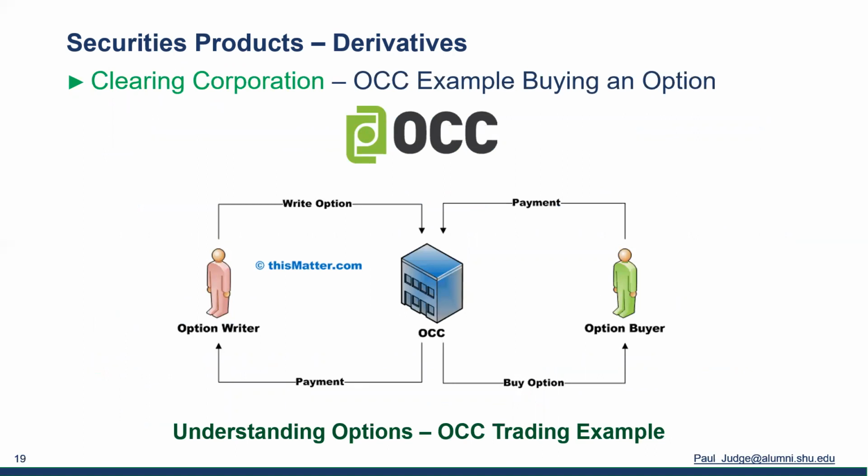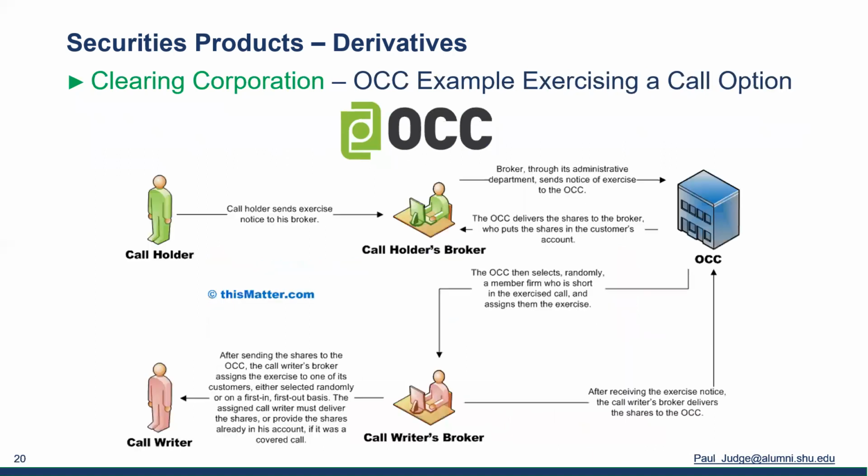So I'm going to talk real simply here about buying an option through the Options Clearing Corporation. They provide the market. You've got somebody who is writing options, writing calls and puts, and you have buyers who are paying premiums. The OCC matches these 2 up, they issue the option to the buyer, and they pay the premiums to the sellers.